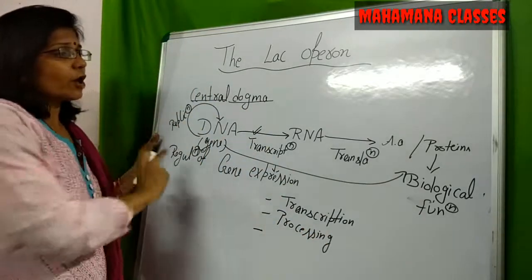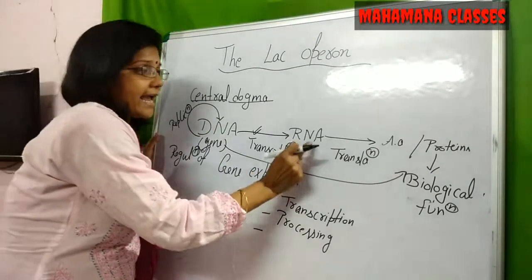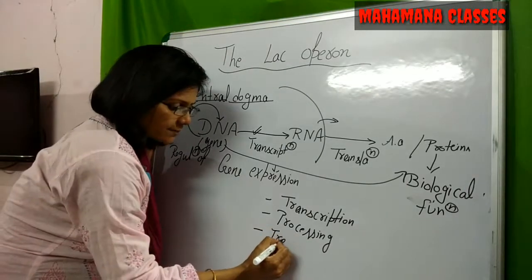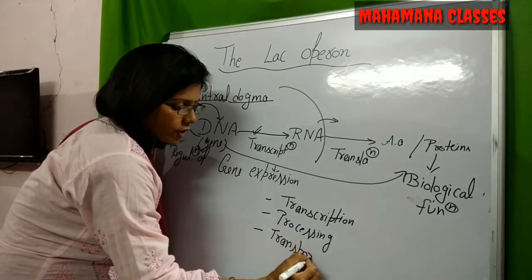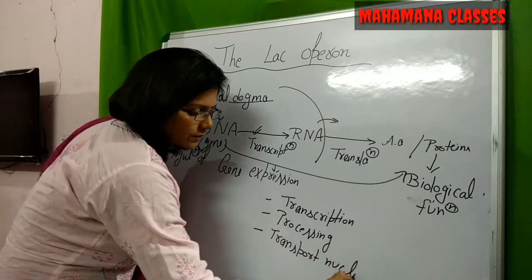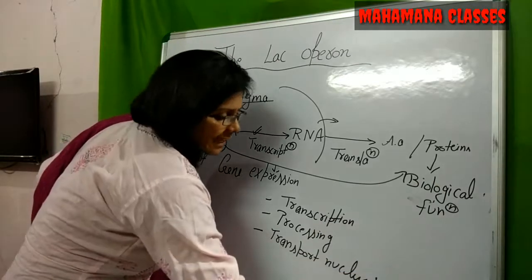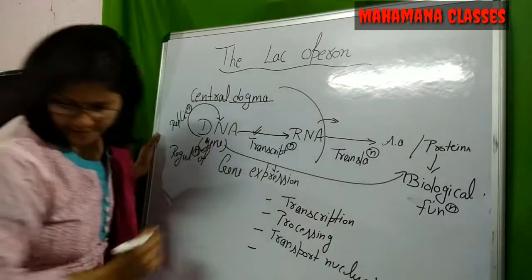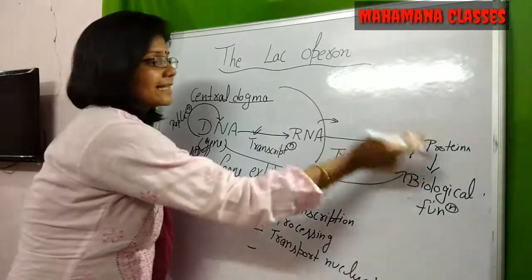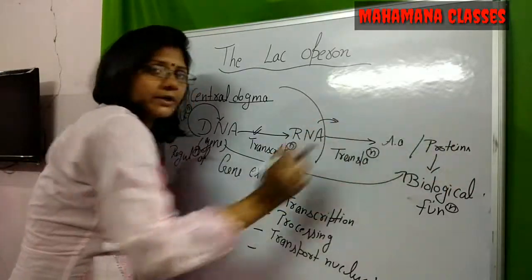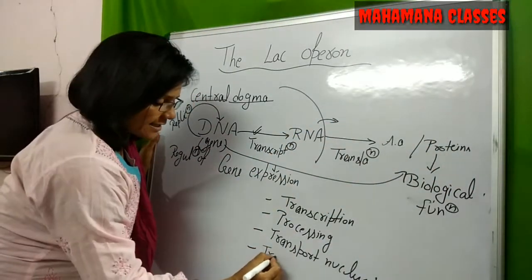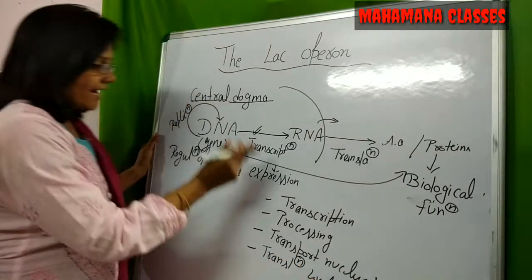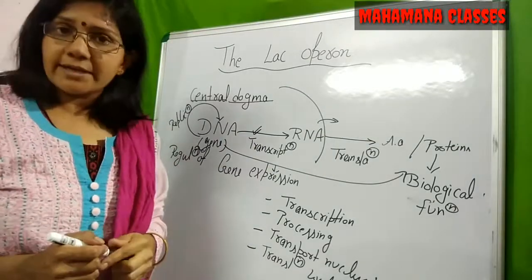Then after formation of RNA, it comes from the nucleus to the cytoplasm, meaning at the transport level from nucleus to cytoplasm. Then the last, which is very important, is the translational level, where the RNA will form protein. These are the main levels at which gene expression is regulated.